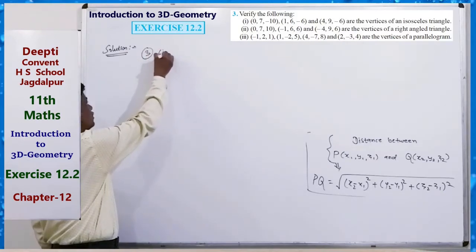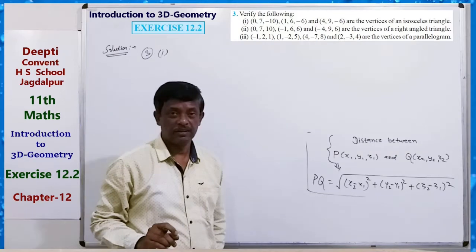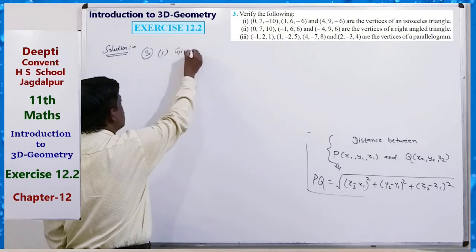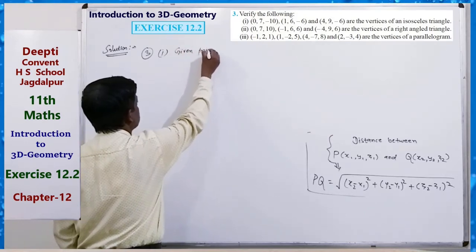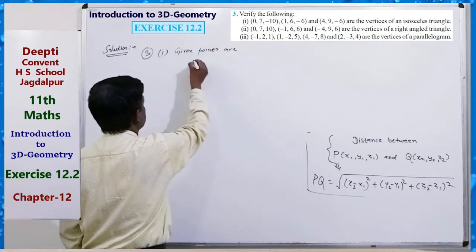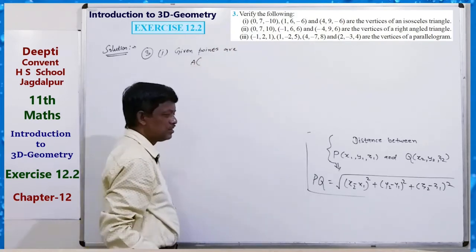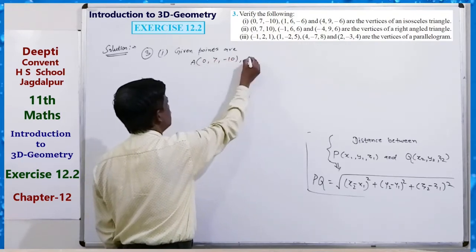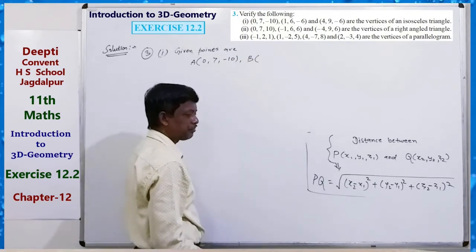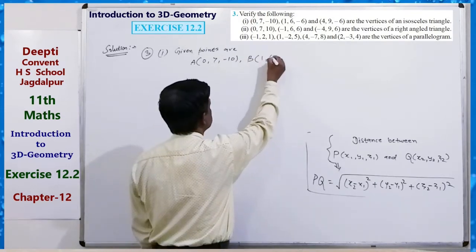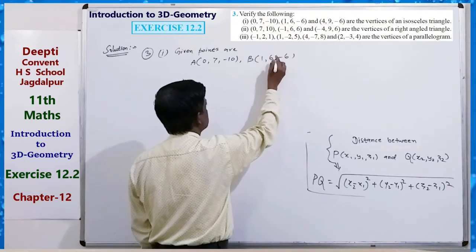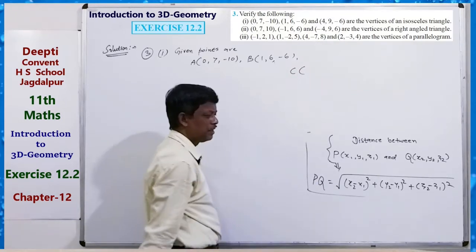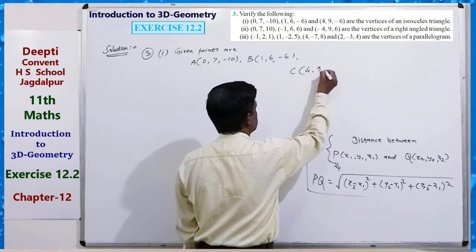So, first, for the isosceles triangle, the given points are: A is (0, 7, -10), B is (1, 6, -6), and C is (4, 9, -6).